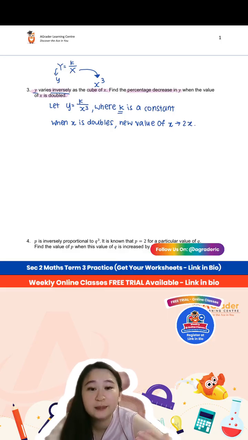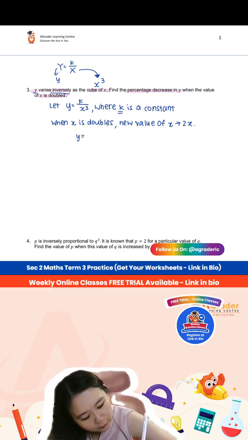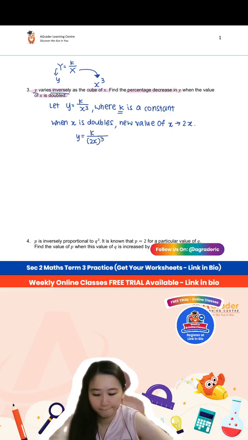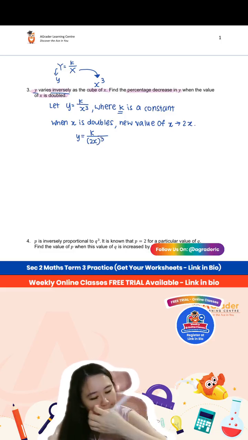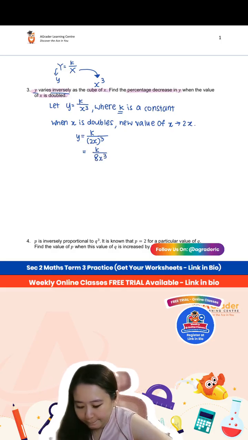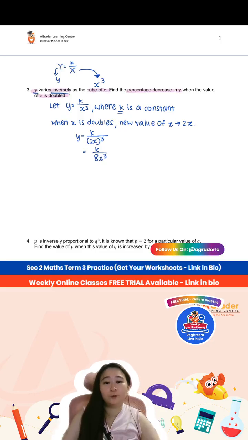Okay, so replace your x with 2x, means your y will be k over 2x, the whole thing cubed, which is k over 8x cubed. So this is like your new value of y.